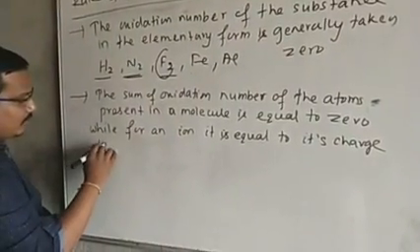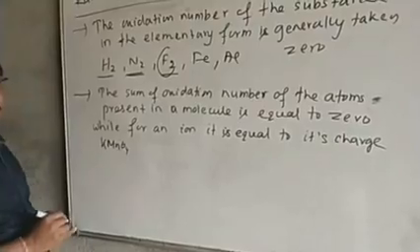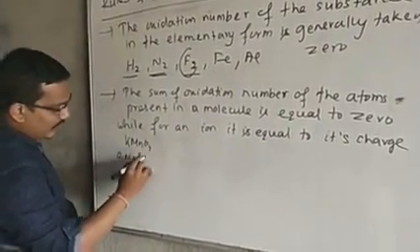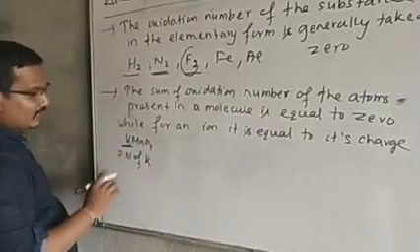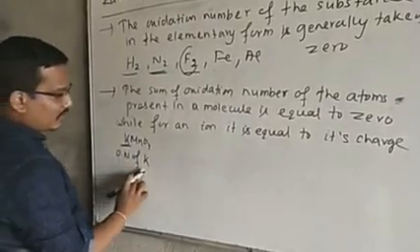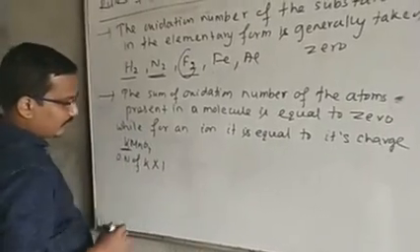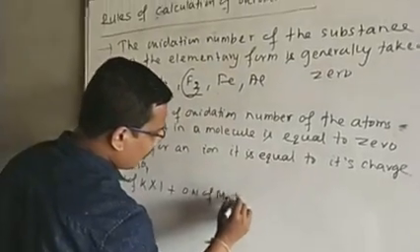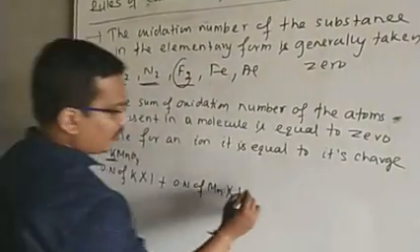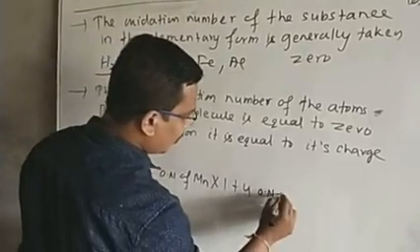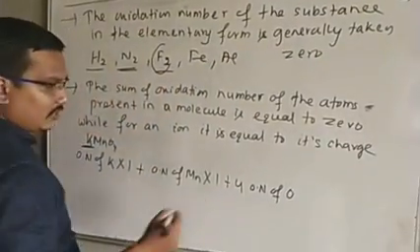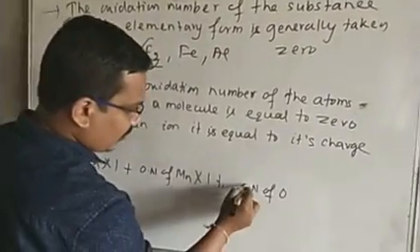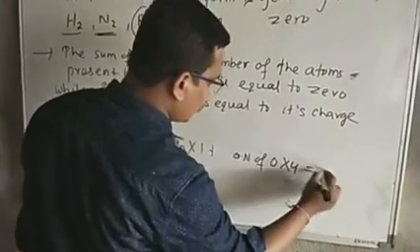Suppose you think about KMnO4. We can explain according to this rule: oxidation number of potassium into 1, plus oxidation number of Mn into 1, plus oxidation number of oxygen into 4, is equal to 0.